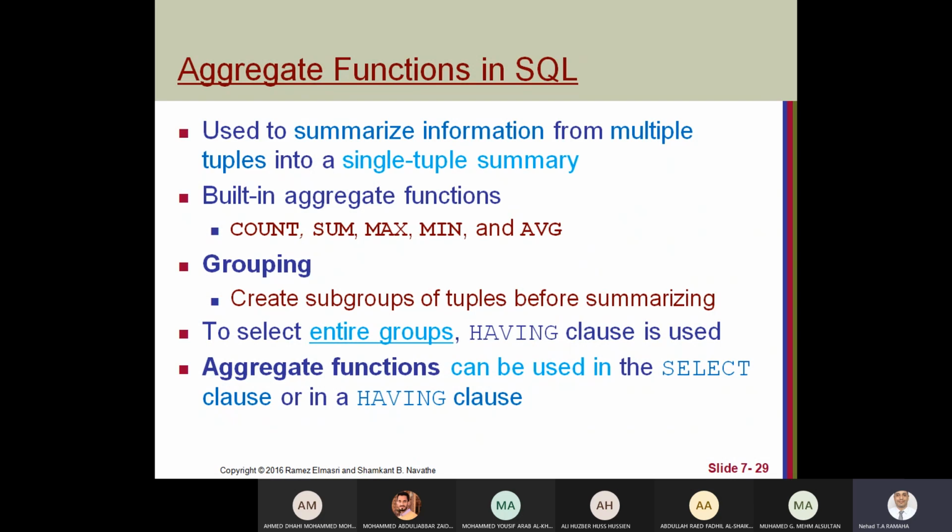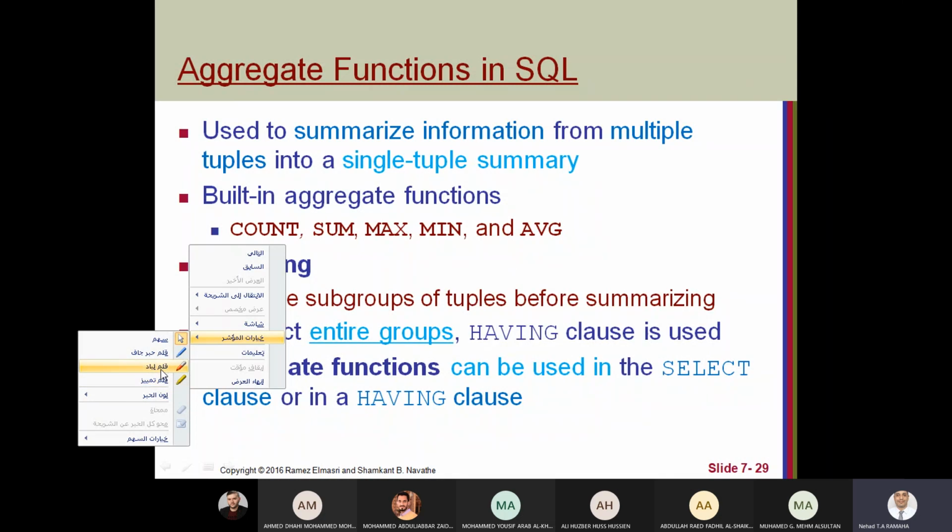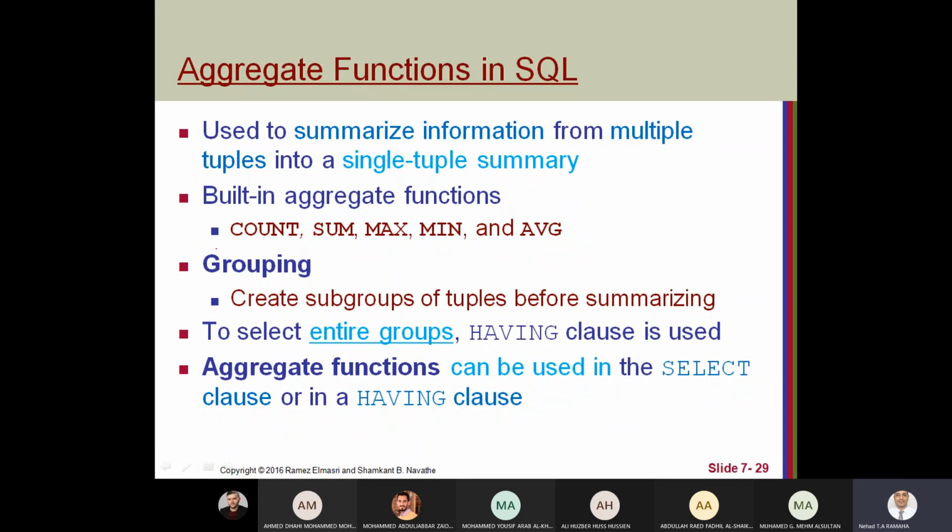The aggregate functions here: we have count, to return the number of rows or number of tuples in the result. You could use any select statement with any where condition, then count how many tuples you have in the result.